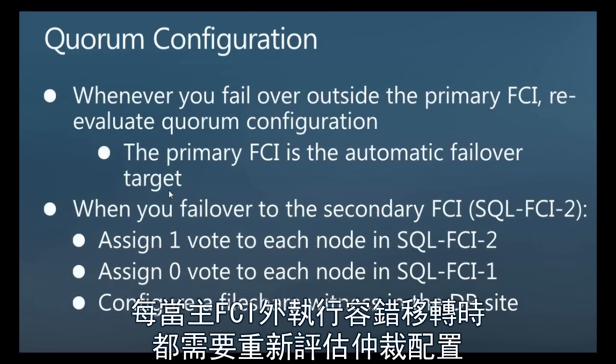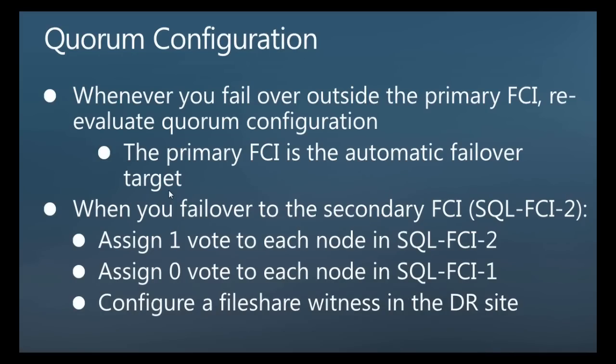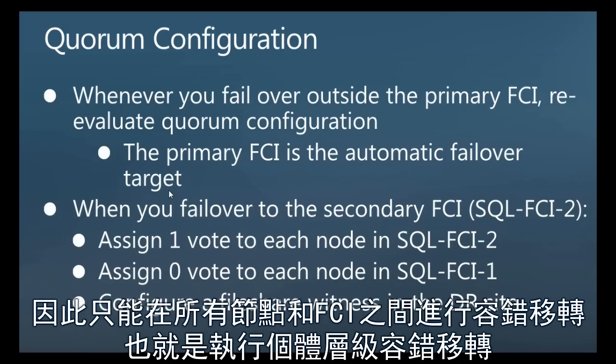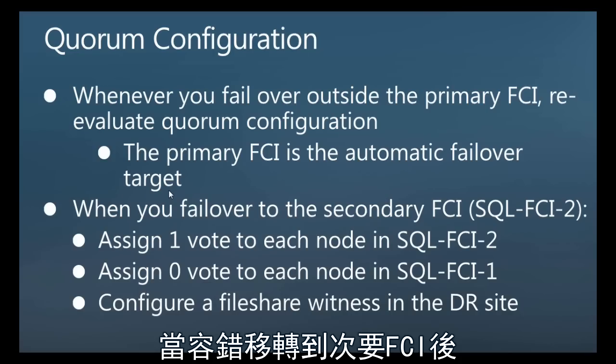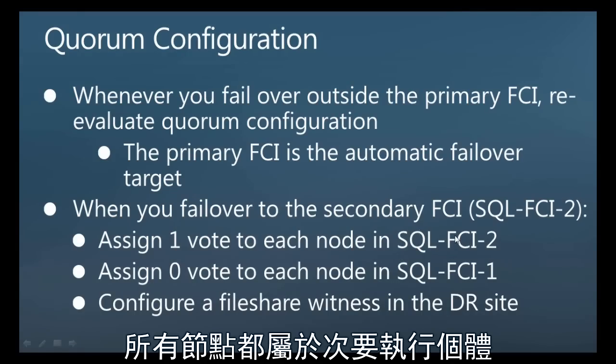Whenever you fail over outside of the primary FCI, you need to re-evaluate the quorum configuration. The primary FCI is the automatic failover target, so it fails over just between all the nodes in the FCI, and it's an instance level failover. When you fail over to the secondary, you need to give 1 vote to each node participating in the secondary instance.